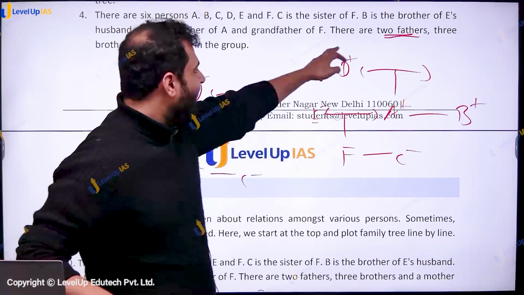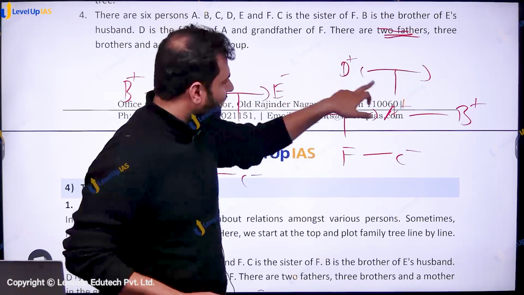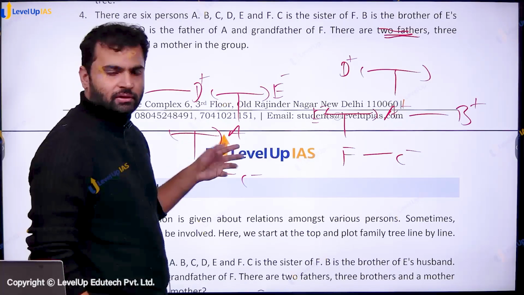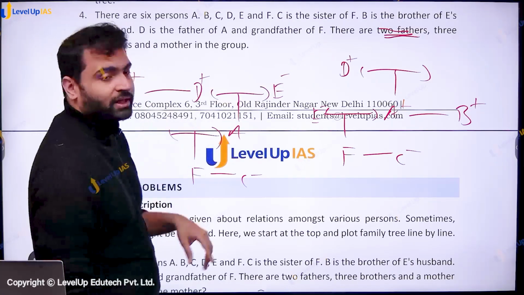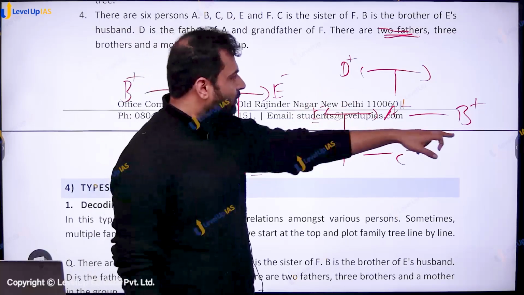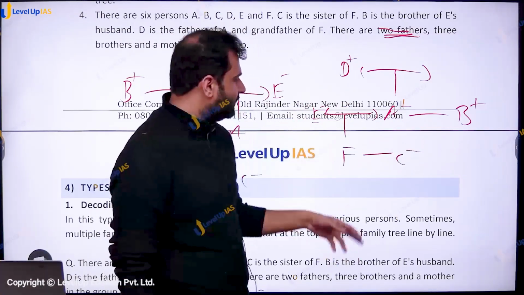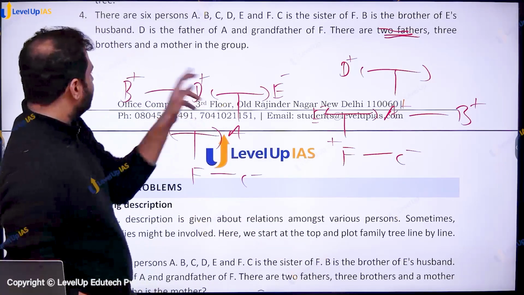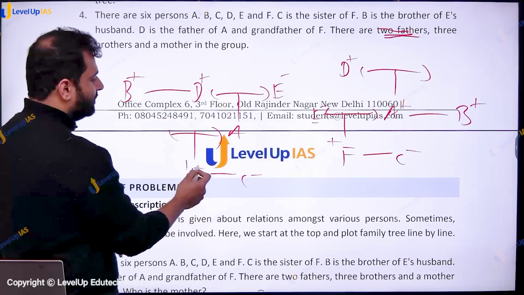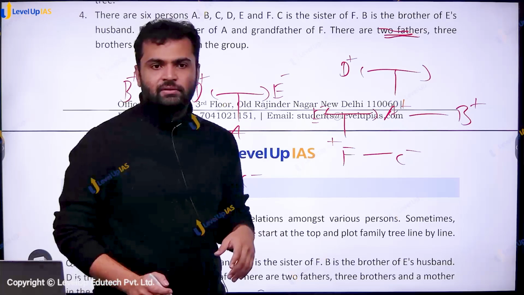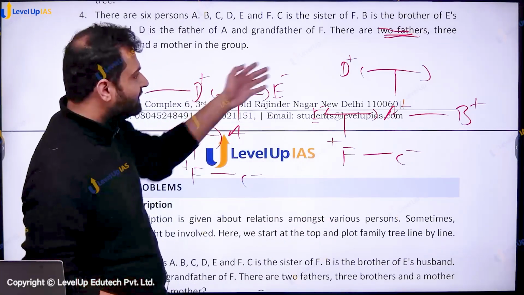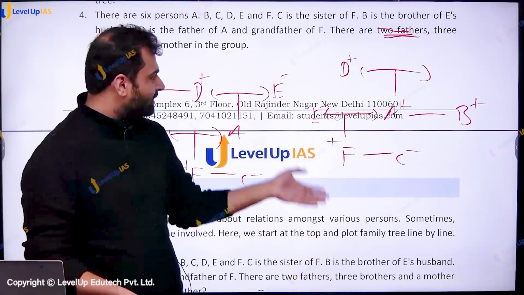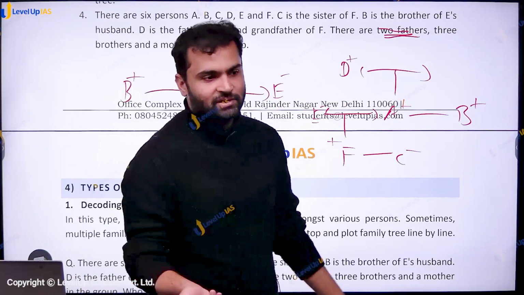Husband. And because there are two fathers, of course we'll get two fathers, D and A. Here also D and one of these two. Again A. There are three brothers. Here you will get A as a brother of B, B as a brother of A, and then F has to be brother of C. Here also D as brother of B, B as brother of D, and F as a brother of C. Both are correct, but more chances are that this one is true, because the grandmother has died, more likely, among the given information.